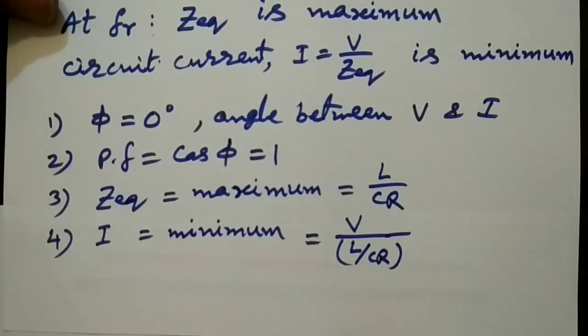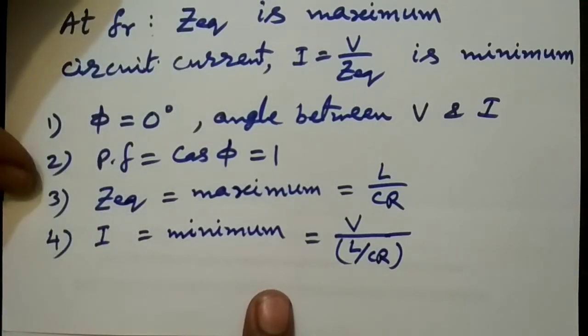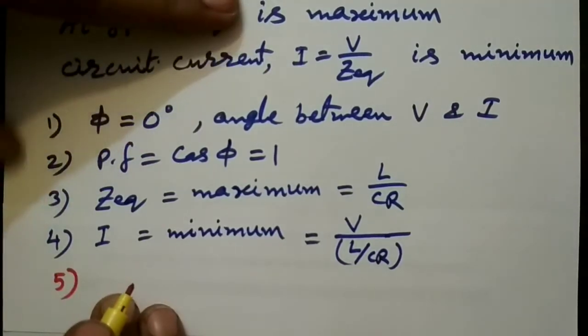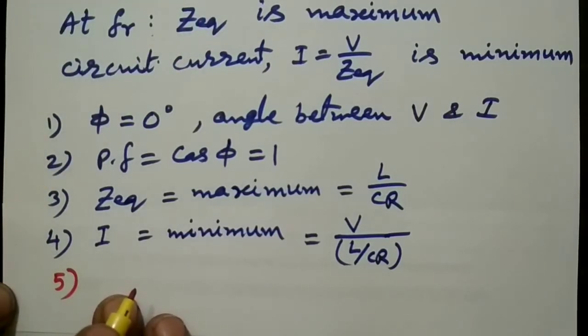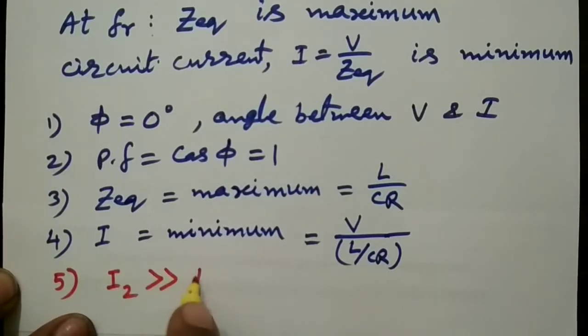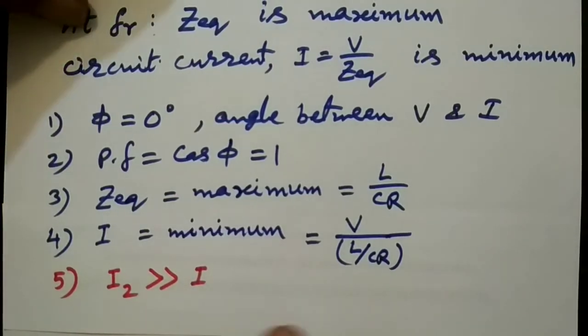It can be seen that at resonant condition in a parallel circuit, the branch current is much greater than the total current or the circuit current. That means the current in the capacitive branch I2 is much greater than the total current in terms of the RMS value or the magnitude.